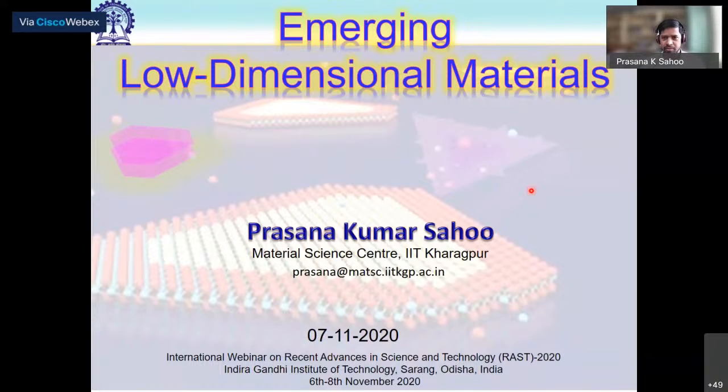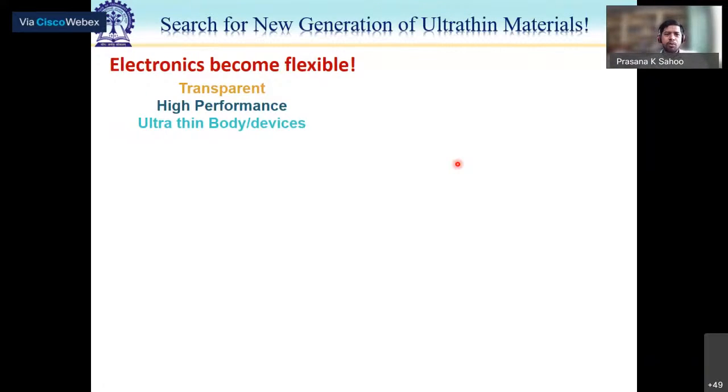Yes. So now we all are fascinated by very flexible electronics, that we want electronics to be flexible and it should have high performance. That means you don't want to charge for a long time and you want to compute or send a message in a fraction of a second.